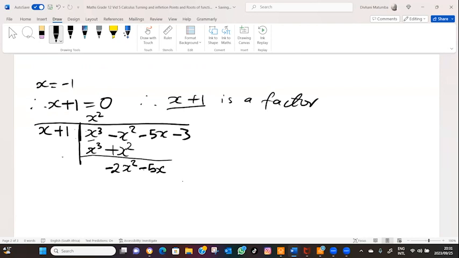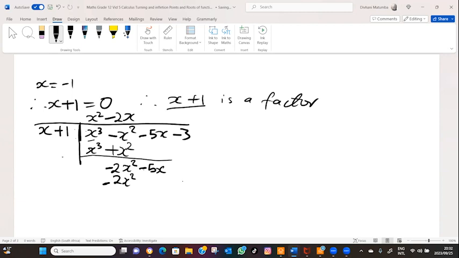All right, now let's divide again and see. Minus 2x squared divided by x will give us minus 2x. We're going to do the same thing again. Minus 2x times x will be minus 2x squared.